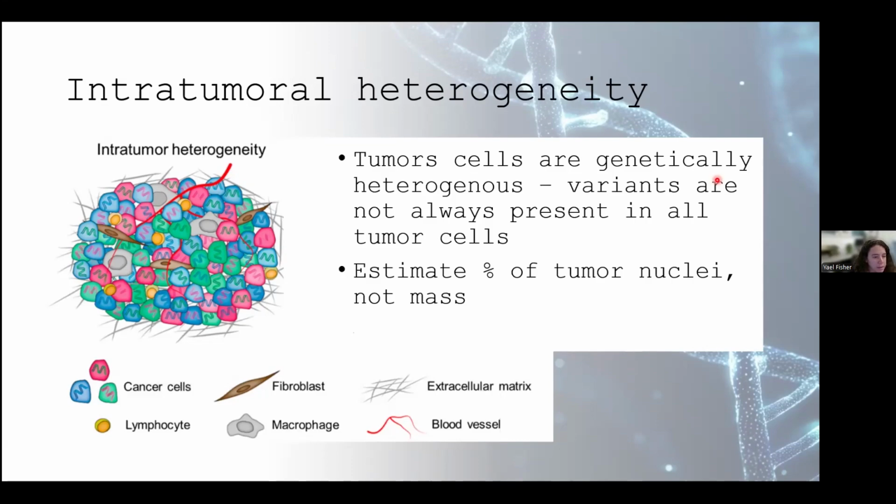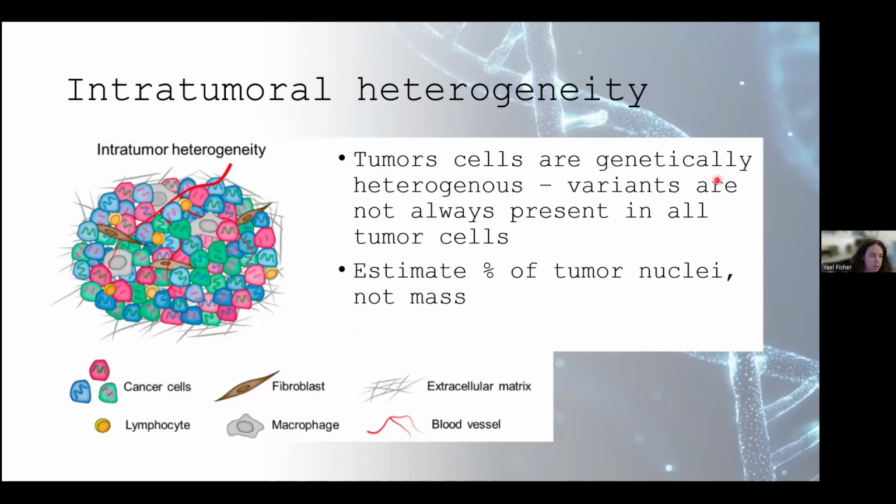When we estimate the percentage of tumor cell content in the slide that we examine, we need to look at the tumor nuclei and not at the tumor mass. Okay, so, of course, tumor cells might be different in size than the cells surrounding them. When we have large tumor cells surrounded by many small immune cells, it might be confusing.